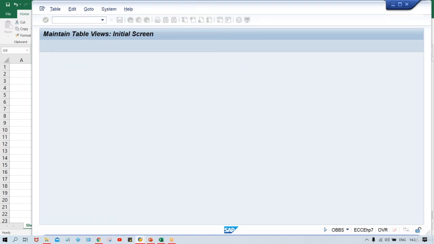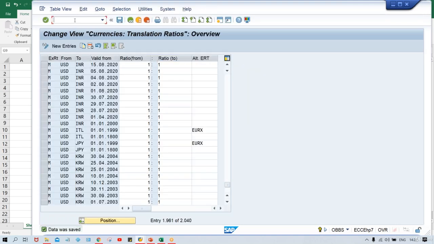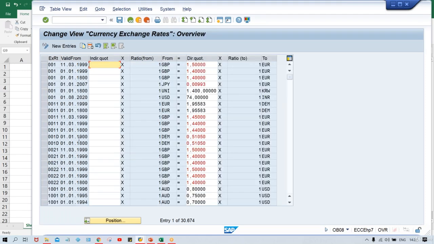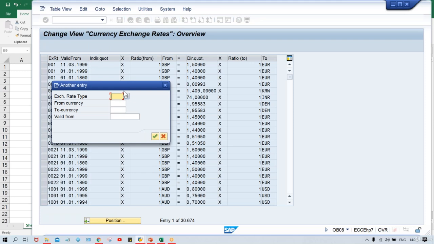Save it, Control S, and then come back. OB08. So here the rate which I'm going to specify is 1 USD equals 50 Indian currency.